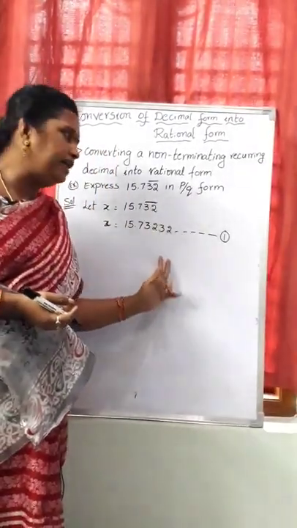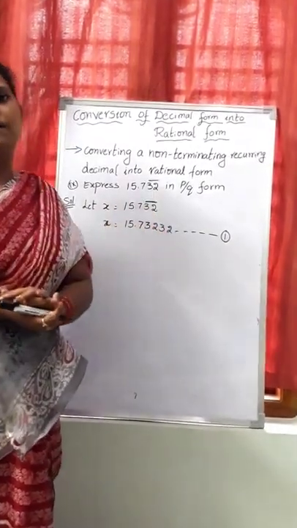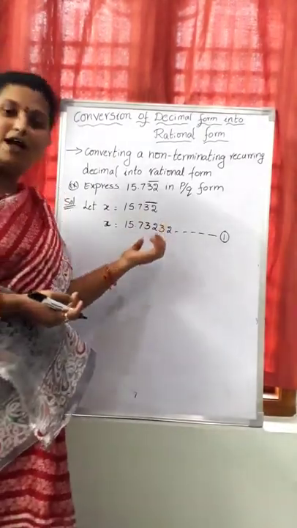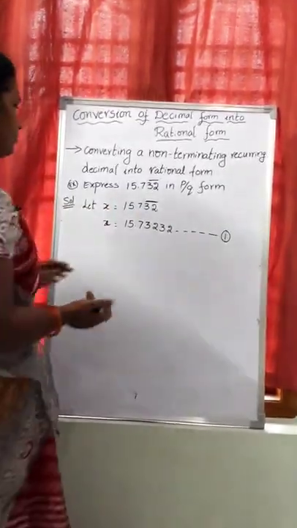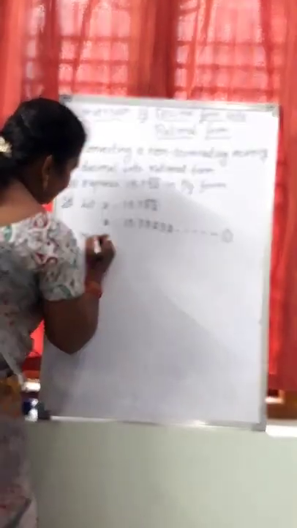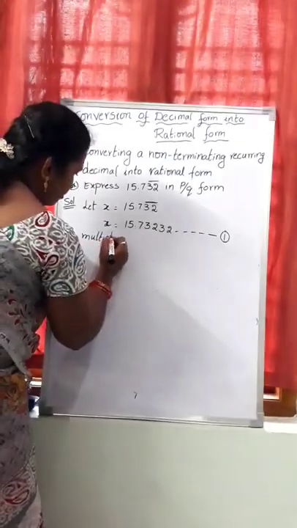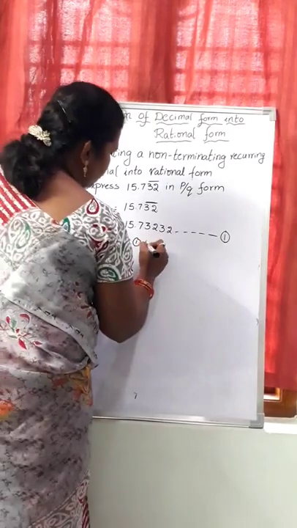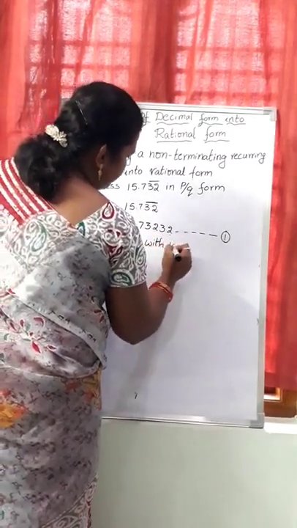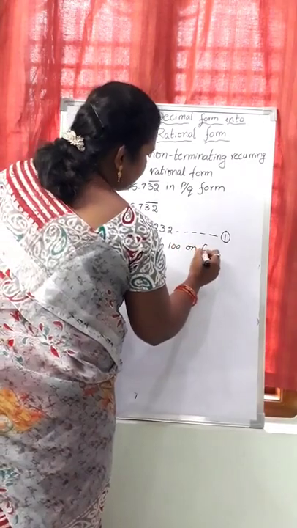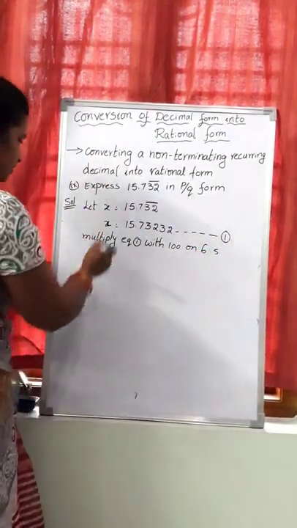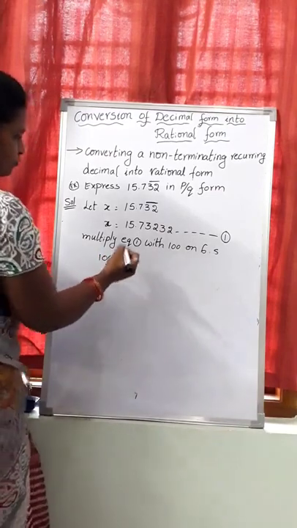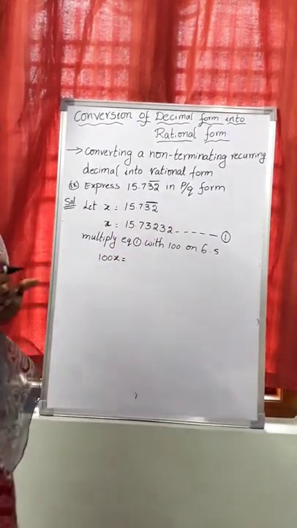If the periodicity is 2, then we have to multiply both sides of equation 1 with 100. That means 100x is equal to, multiplying the right side also with 100.